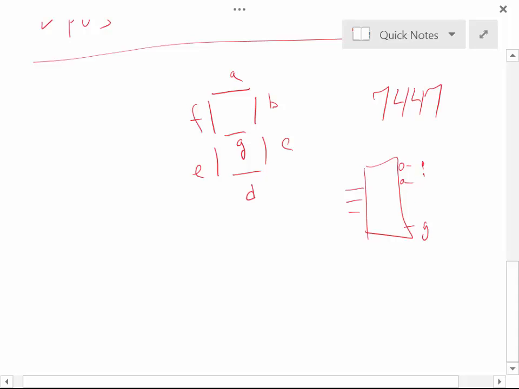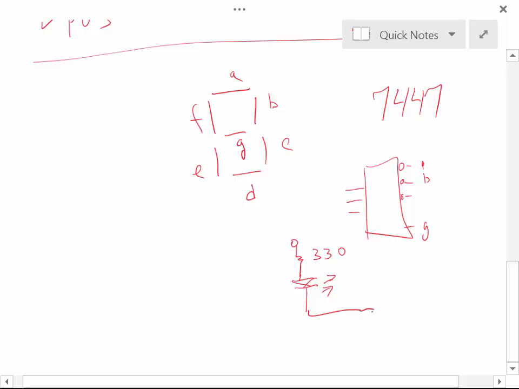Now these are all inverted because the way we typically wire these is we go through a 320 ohm resistor right there, and we have our LED, and then we connect that to our display decoder driver.